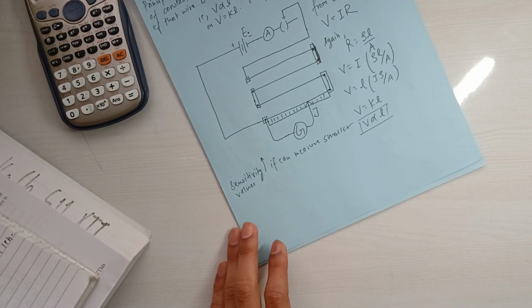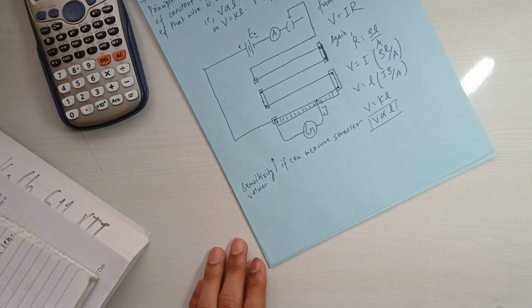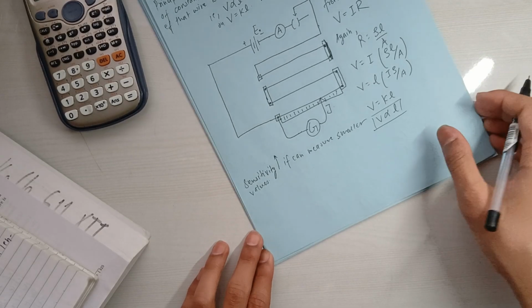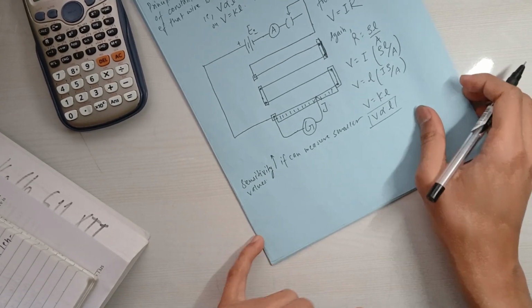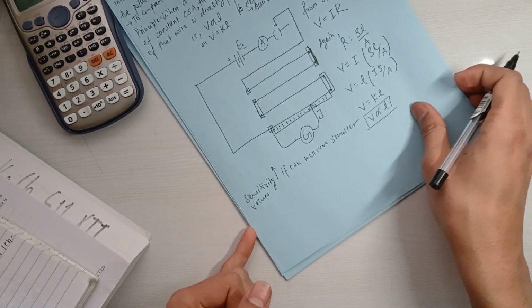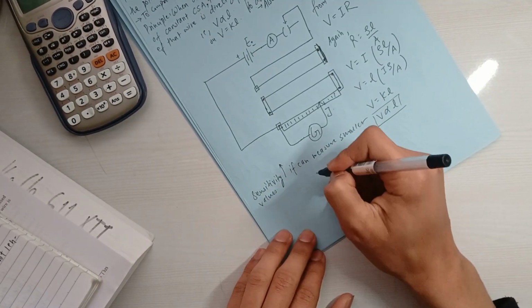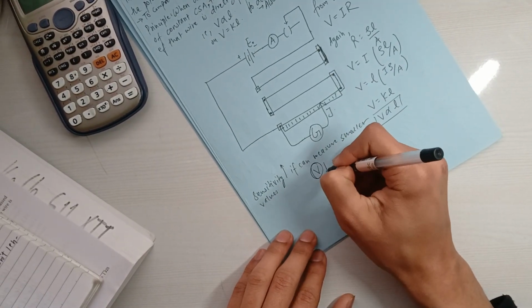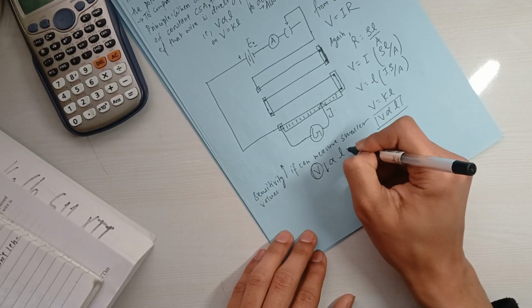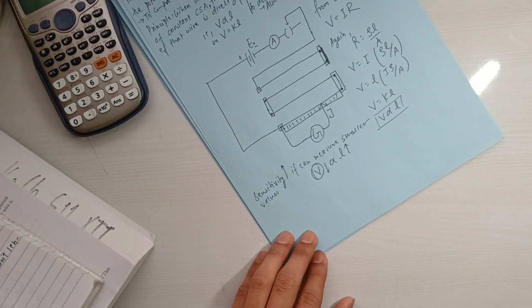That's it. And why is it? Because look at this. For V to be small, since V is directly proportional to L, L must be large. That's how it's gonna work.